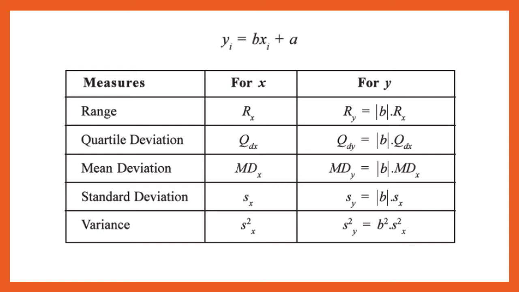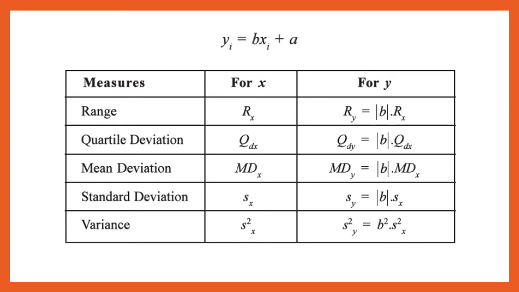For the mean deviation of y, the modulus value of b is multiplied with the mean deviation of x. For the standard deviation of y, the modulus value of b is multiplied with the standard deviation of x. And to calculate the variance of y, the square of b is multiplied with the variance of x. So this is the kind of relationship between the x variable and the y variable.